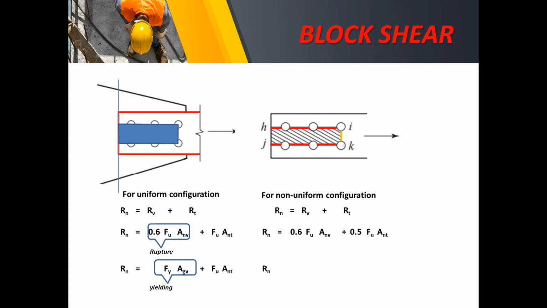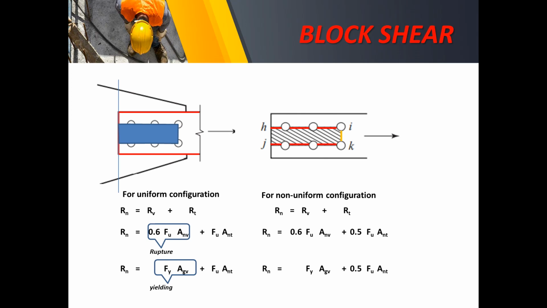Likewise, for non-uniform configuration, there will be an upper limit equation: Rn equals Fy times the gross area from the shear, plus Fu times the net area from the tension. Of course, we always pair that with 0.5 for the second term. So that is the difference.